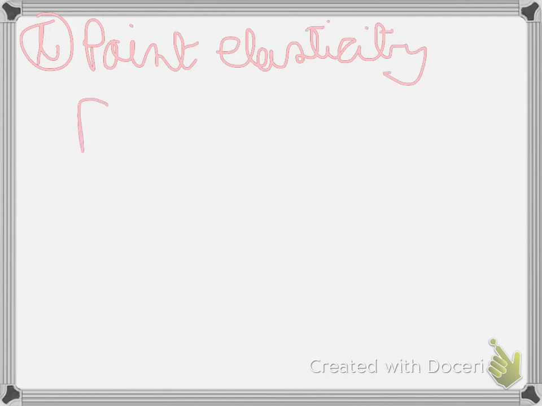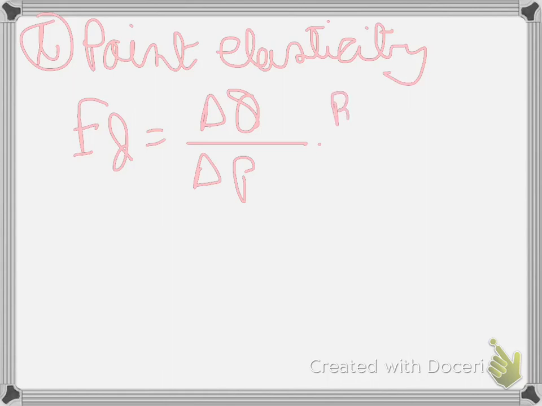In case of point elasticity, the elasticity is calculated as follows. We take the change in quantity and the change in price, and the term that we multiply with this ratio is the base price, which means the price that we start with, divided by the base quantity, the quantity that we start with.